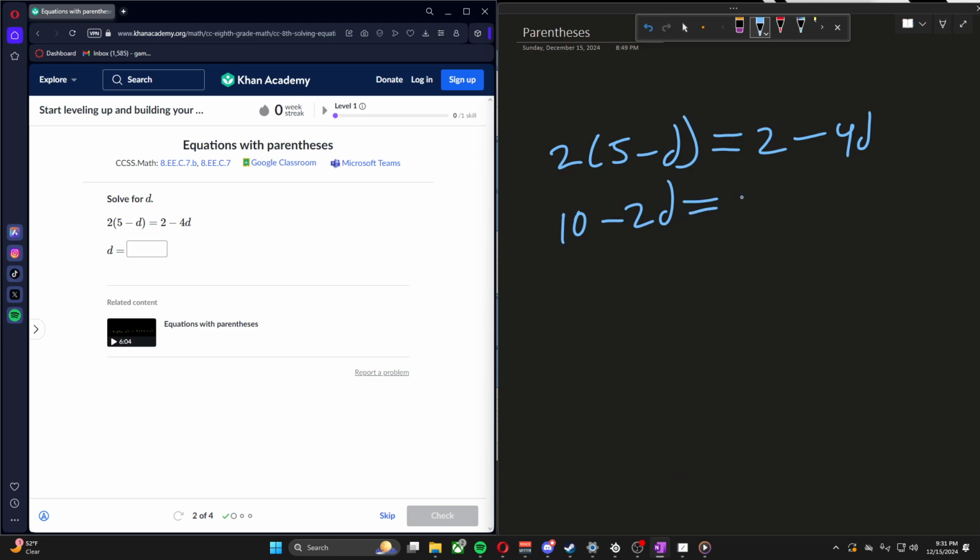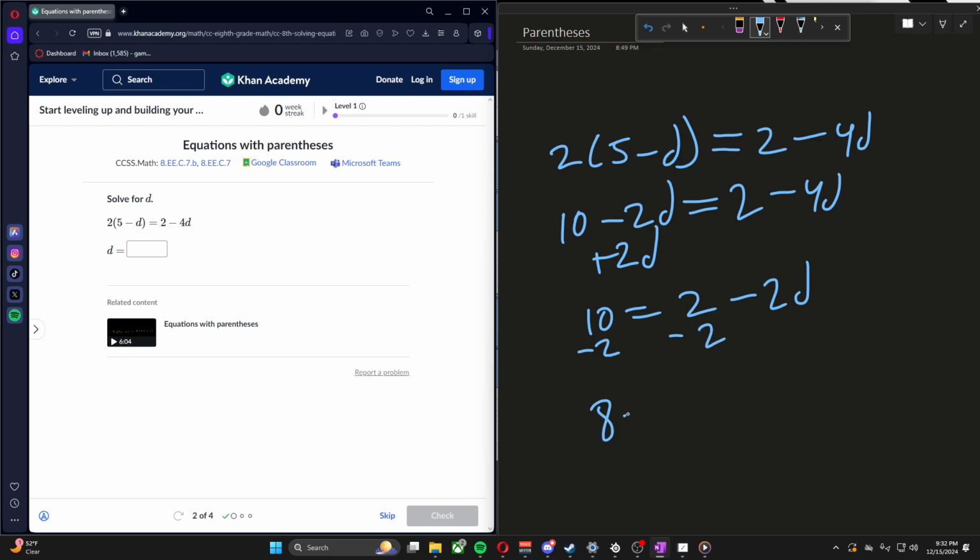But we just take negative 2d, so 10 minus 2d equals 2 minus 4d. And then again, simple algebra. You move 2 to the other side by adding 2. You would have 10 equals 2 minus 2d. Move the 2 to the other side by subtracting 2. 8 equals negative 2d.